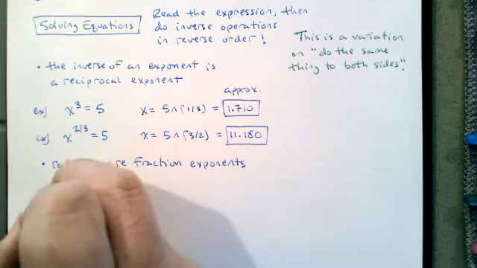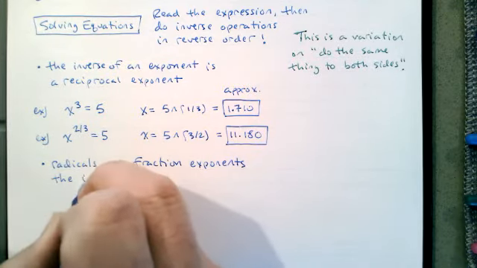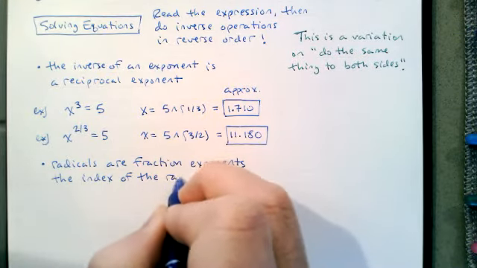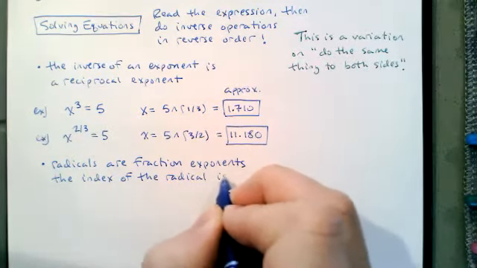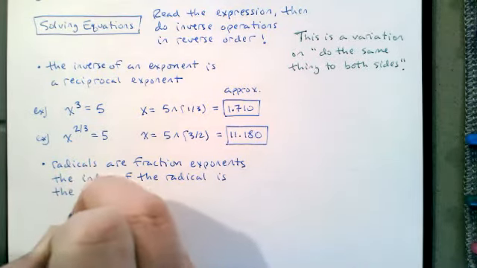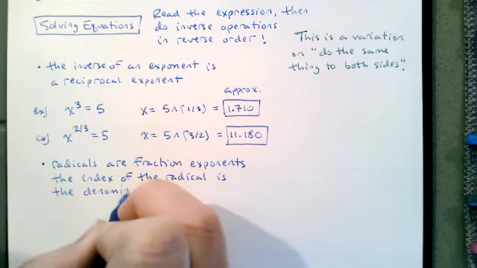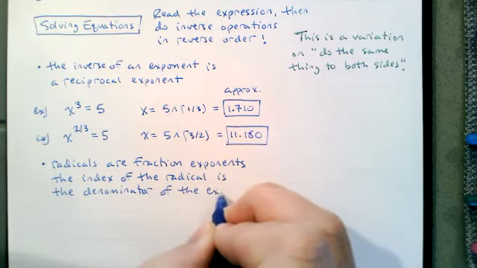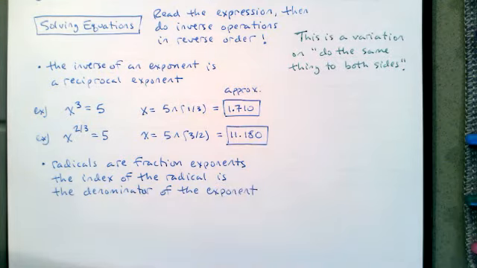The index of the radical is the denominator of the exponent. And this we can combine with our inverse of an exponent is a reciprocal exponent. Once we start taking reciprocals of things, we're going to start ending up with denominators.